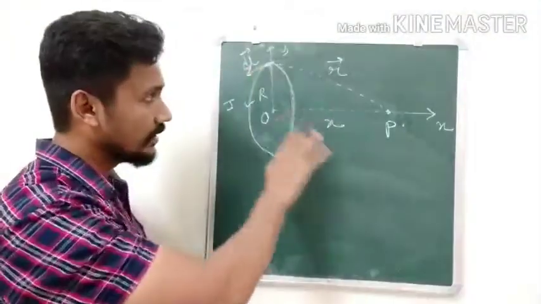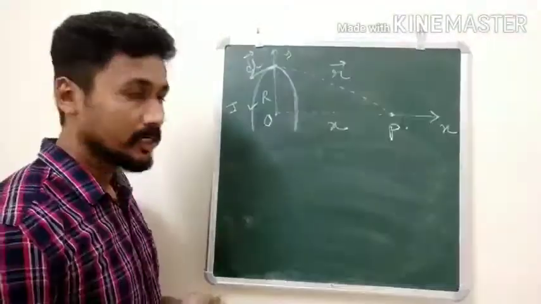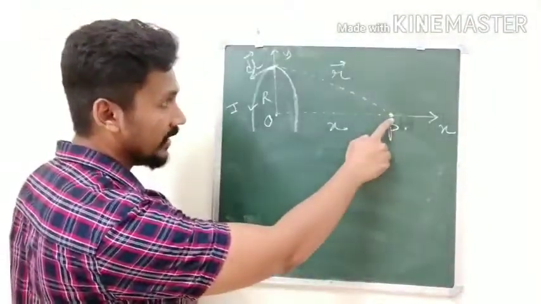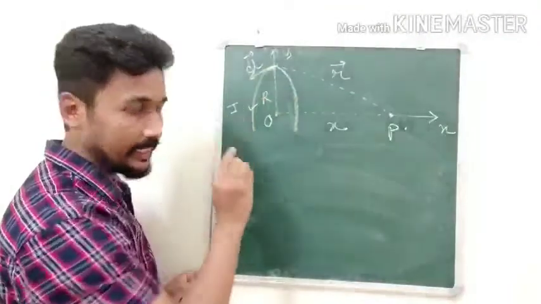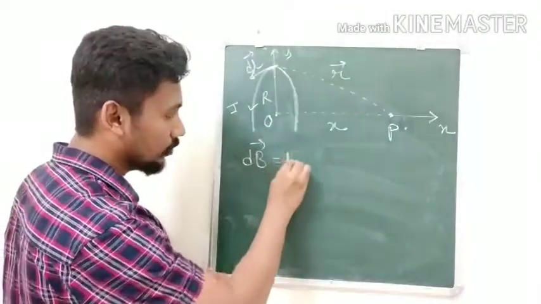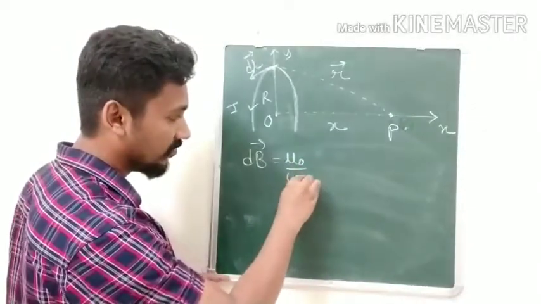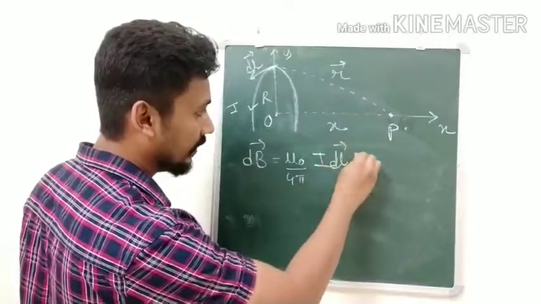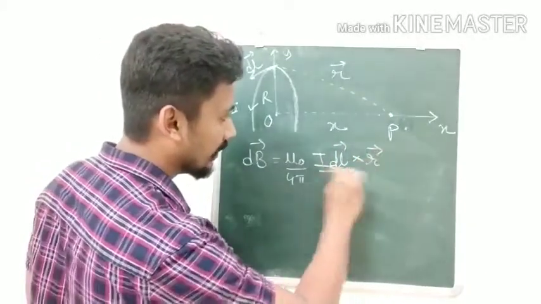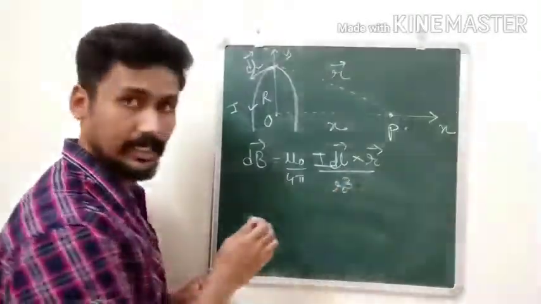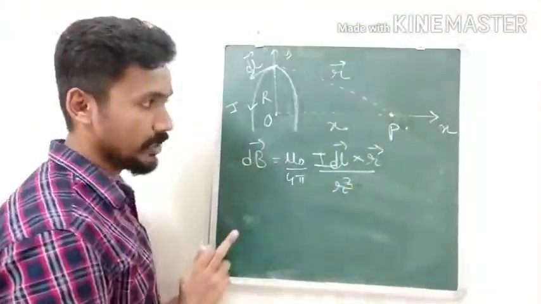So this is the overall case. Using Biot-Savart's law, the magnetic field at P due to the length element dl will be given by dB equal to mu naught by 4 pi I dl cross r divided by r cube. Correct? So this is the magnetic field that we are going to get at P.